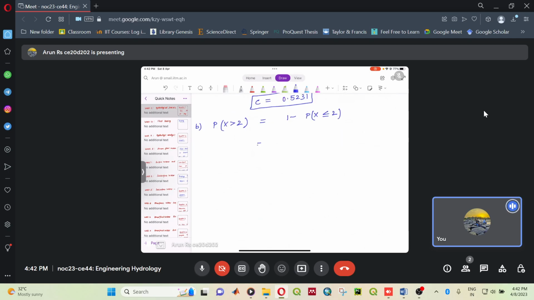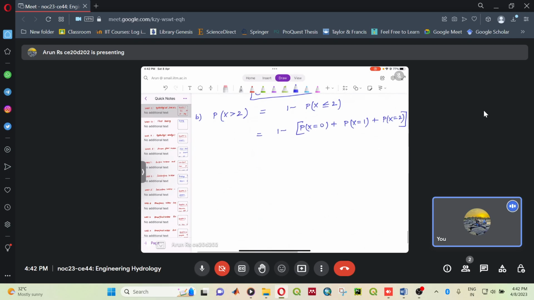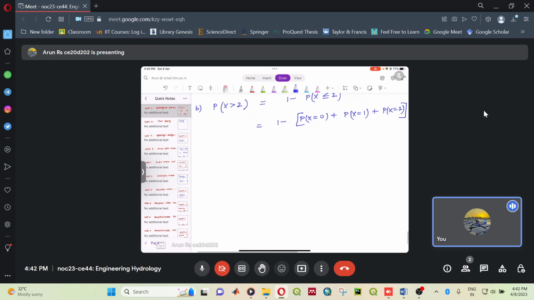So we can find 1 minus, probability of x equal to 0 plus probability of x equal to 1 plus probability of x equal to 2. If we subtract these three probabilities from the total probability, then we can get the probability of x greater than 2.